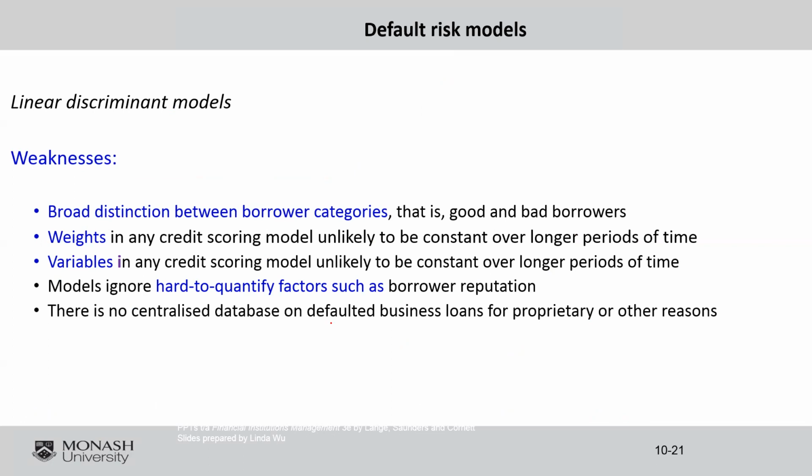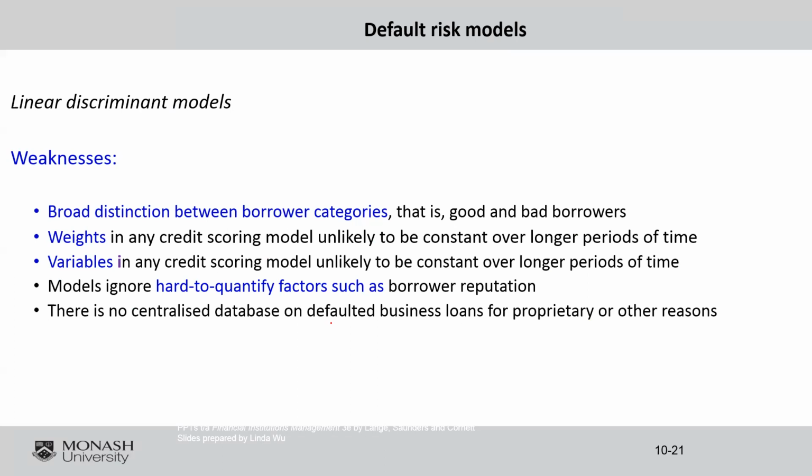They make a broad distinction between borrower categories, good and bad borrowers, because the benchmark will tell you whichever is under the benchmark is bad, and whichever is over the benchmark is good and given the loan. That categorization is actually not really good.